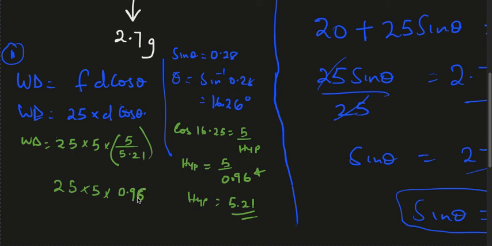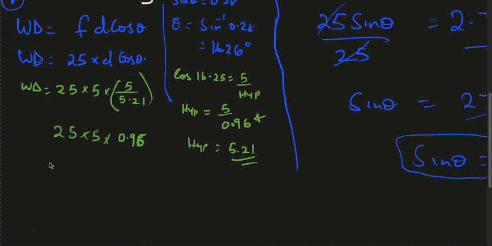We can round it off to 0.96, and then we work out the work done: 25 times 5 times 0.96. There we go. So our work done will be 120.